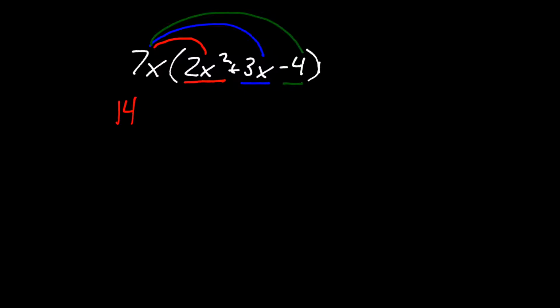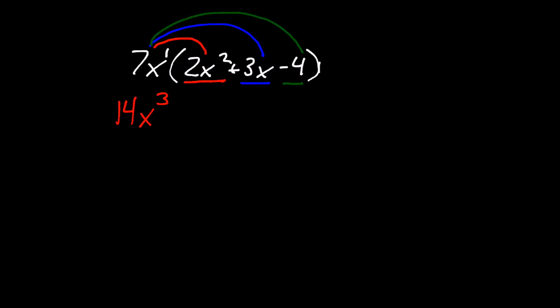Don't forget that this single x has an exponent of 1. So I have x to the first times x squared, and I'm going to add these exponents. 1 plus 2 gives me 3. So I have 14x cubed just for my first term, from multiplying these pieces together.